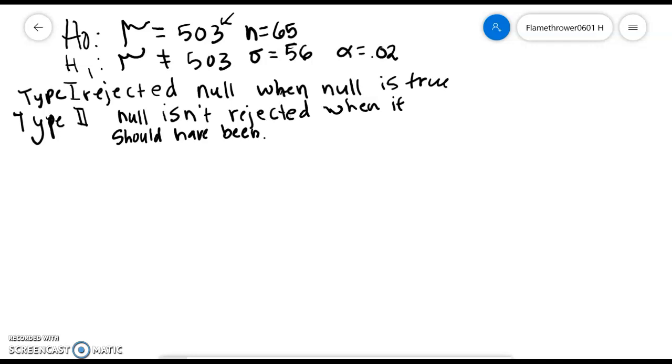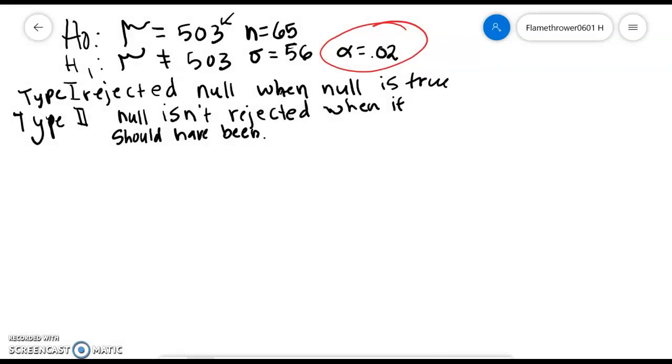In step 2, we know the level of significance is 0.02, and we know that this is a two-tailed test. The way that we figure out what our values are is we can go into StatCrunch.